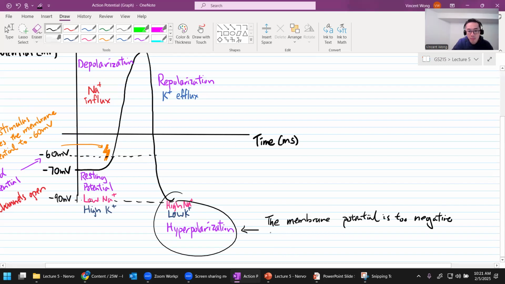And then the second problem is the ion distribution is opposite compared to resting potential.